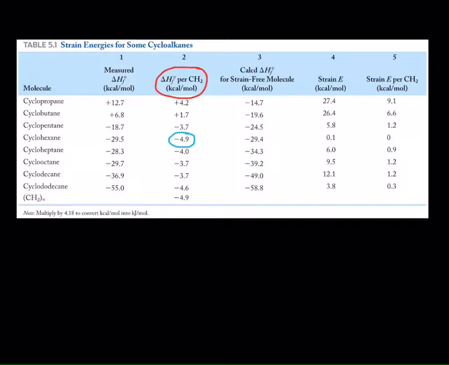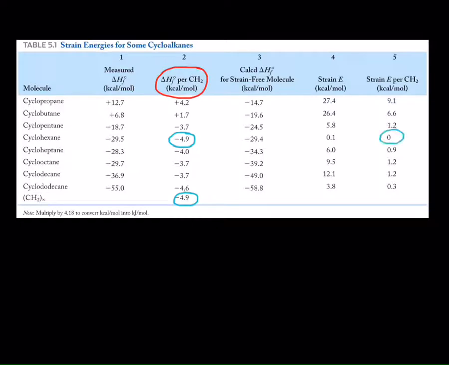Also, one thing to keep in mind is that we can compare this value to that of a free methylene chain, a calculated methylene chain that is strain free. So that's what we are comparing, right?